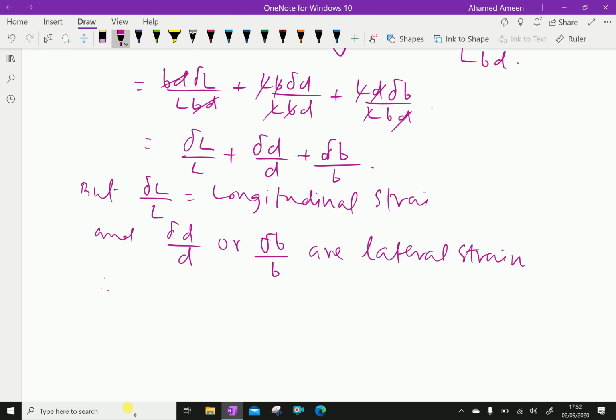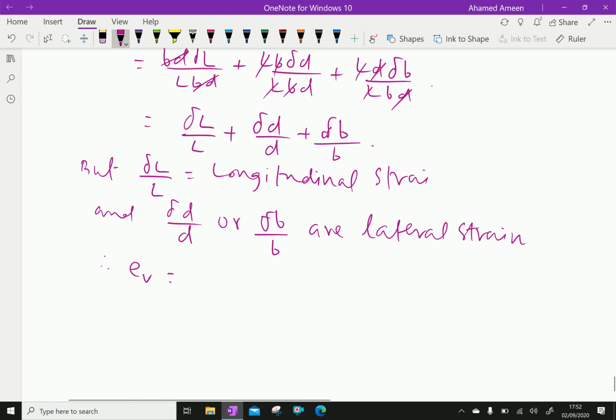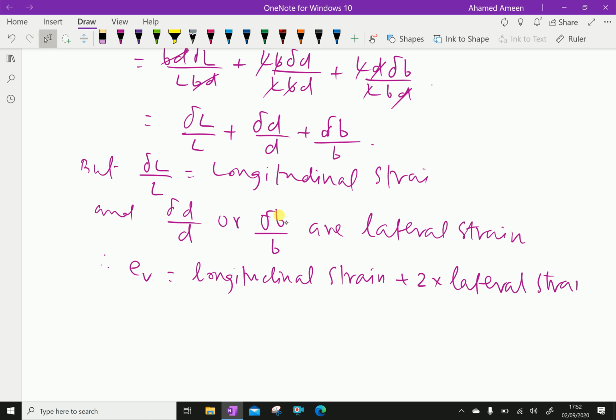Therefore we can say EV, volumetric strain, is delta L by L, that is longitudinal strain, plus 2 times lateral strain, because here delta D by D and delta B by B are equal.